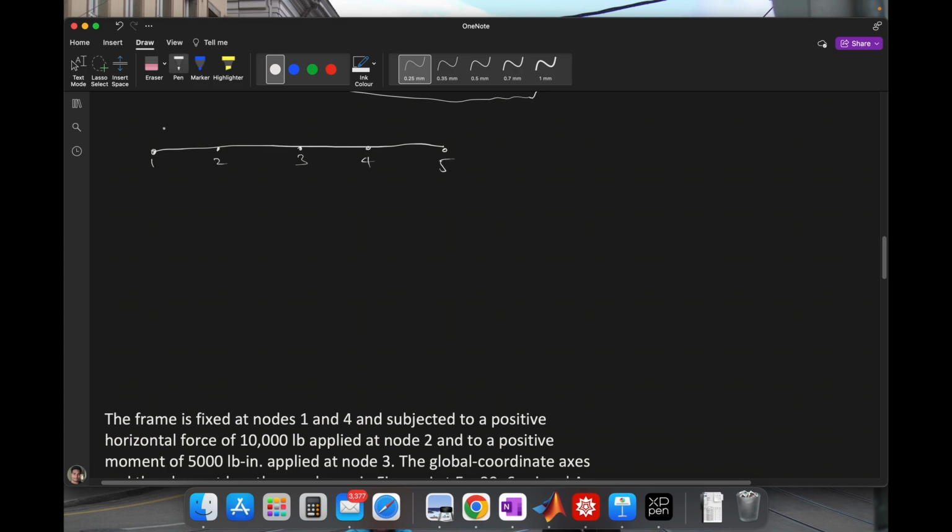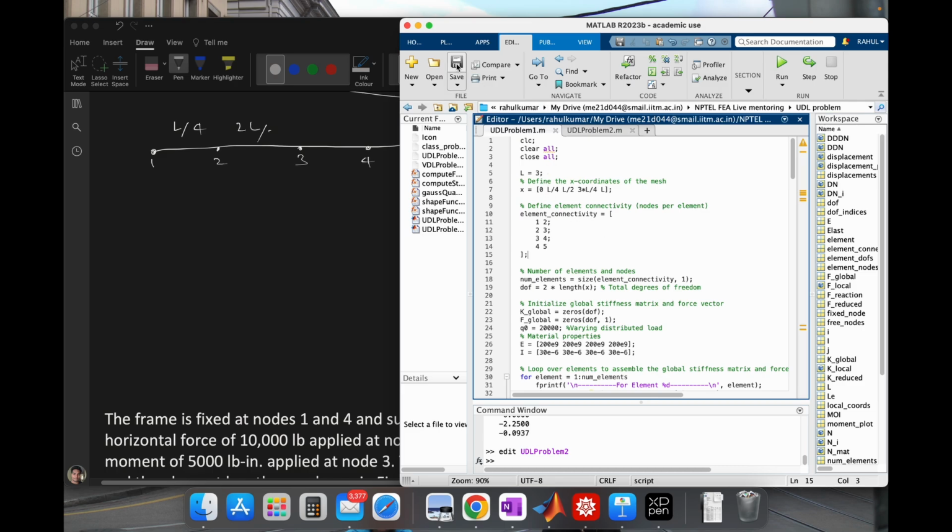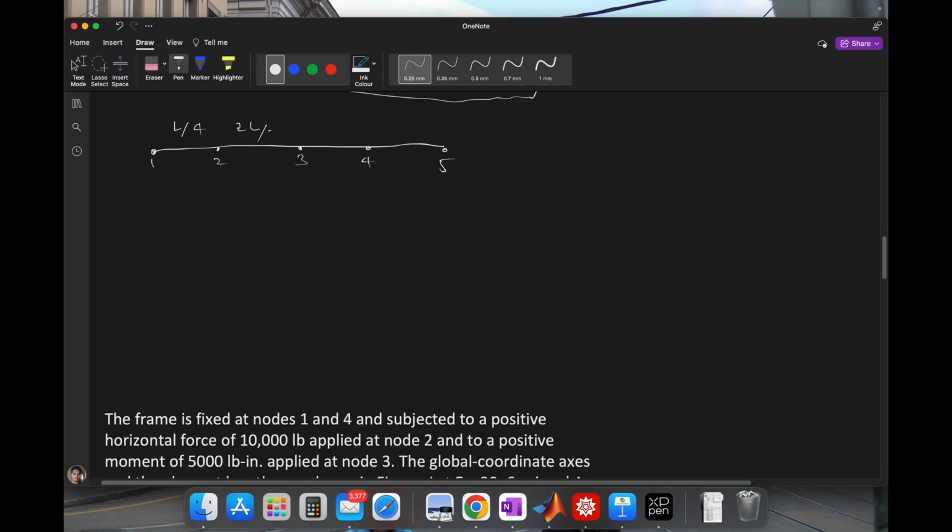Since the length of the whole span is L, this will become L by 4, then L by 2, and again we add L by 2, so it will become 3L by 4, and this will be L. I am not showing that this is the length, I am just saying that these are the nodal coordinates.